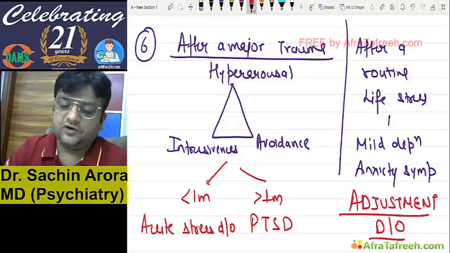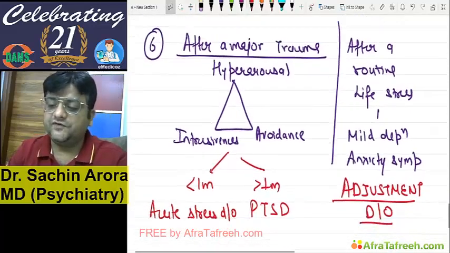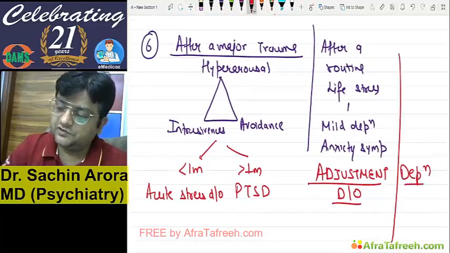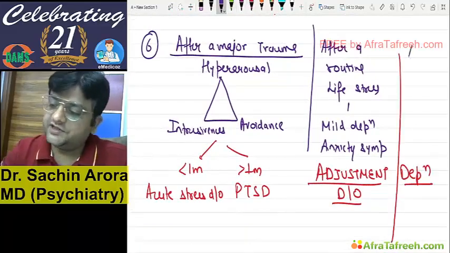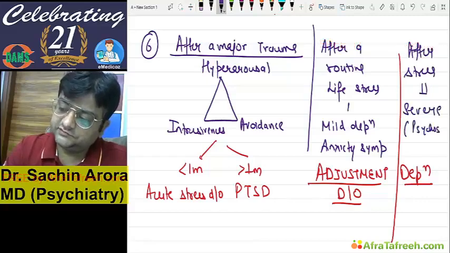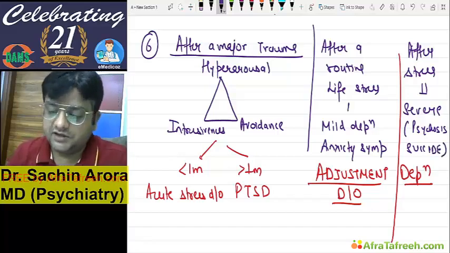Adjustment disorder will always have mild depression. If the symptoms are severe, we call it depression, not adjustment disorder. If after stress there are severe symptoms like psychosis or suicide, then mark the answer as depression.